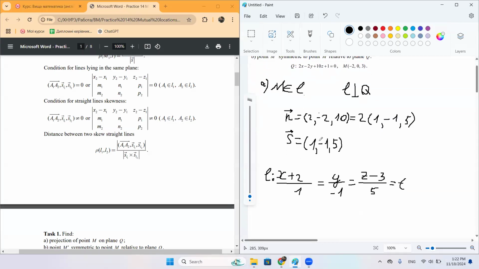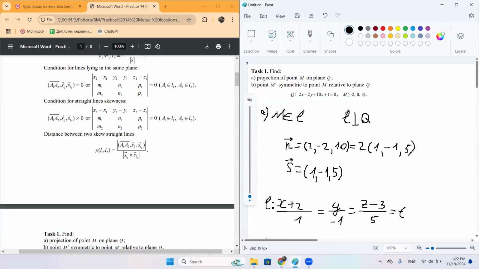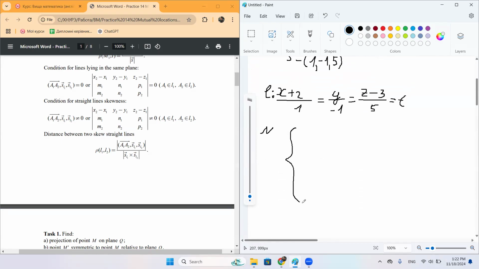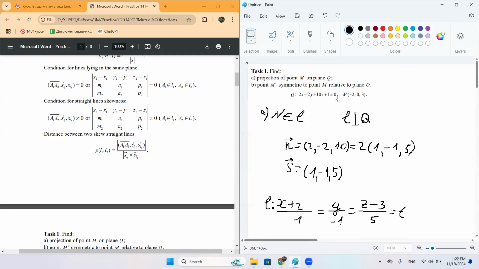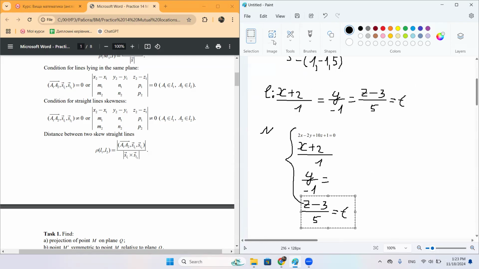Now we need to find the intersection point of this straight line and the plane. Let me extend it a little bit.